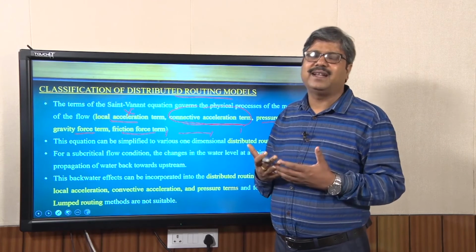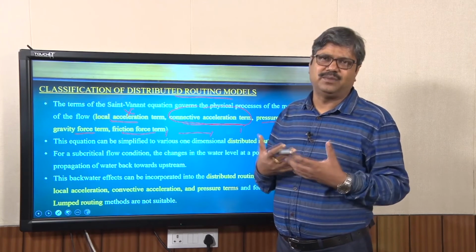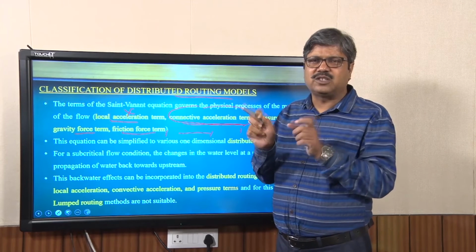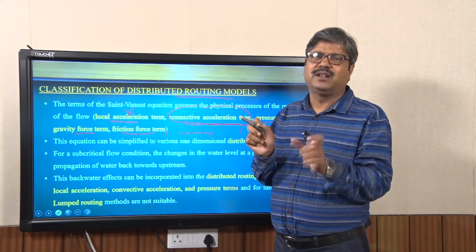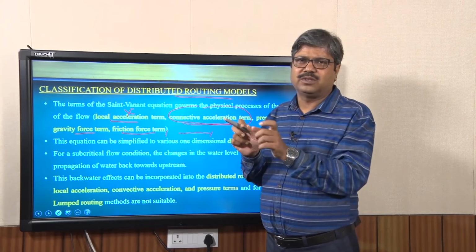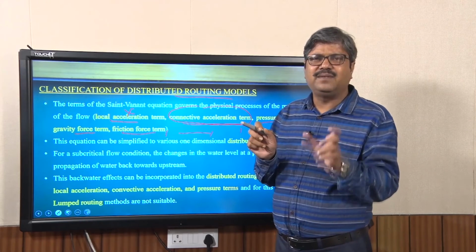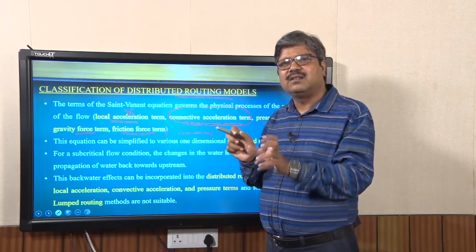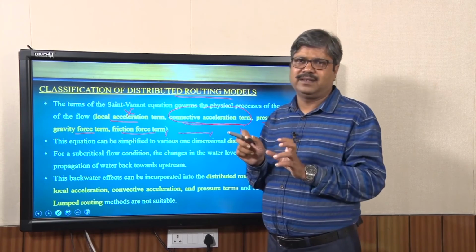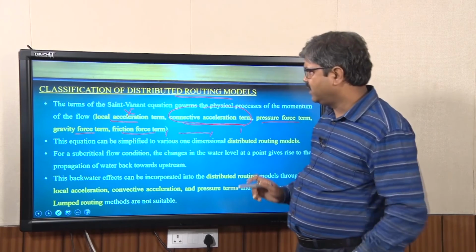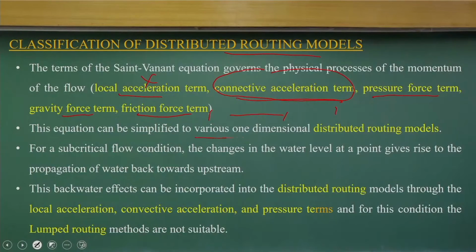The basic idea is to look at the dominant behaviors, because for each term we have to know the order of magnitude. If it is not significant, we can neglect it. That's the approach we will follow. This equation has to be simplified into one-dimensional distributed routing, as I said, but many times we have to understand what actually happens.